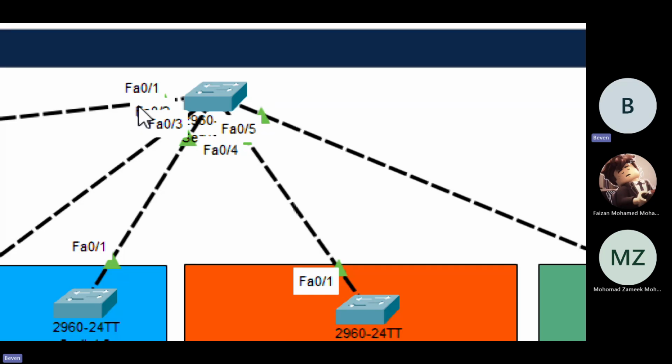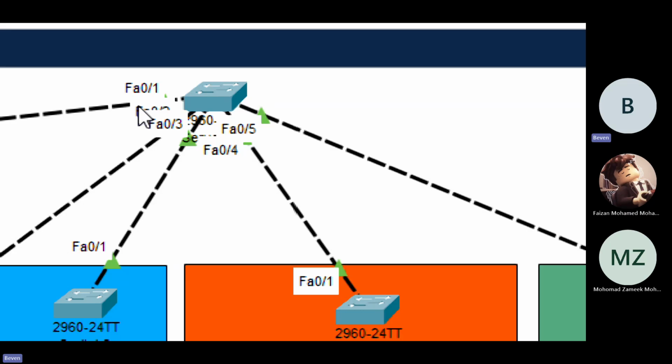So whenever we are going to trunk these switch ports, we can use one single command and trunk FA0/1. Then we can write another command and trunk FA0/2. Then another command and we can trunk FA0/4, 5 like that. Or else, since we know that we have to trunk all 5 ports, FA0/1, 2, 3, 4, 5, we can use one single command and trunk them all at once.